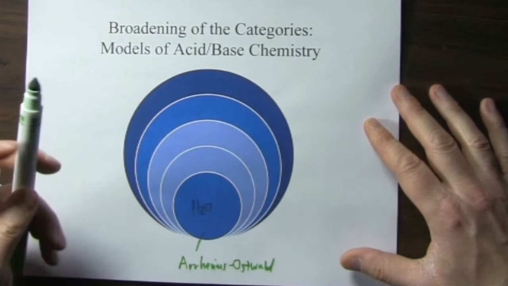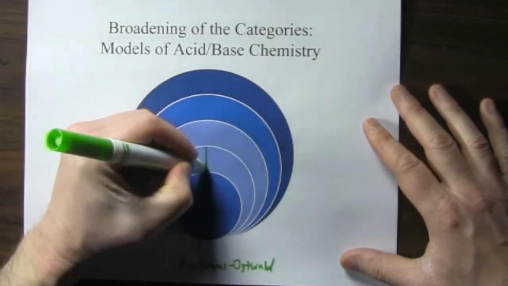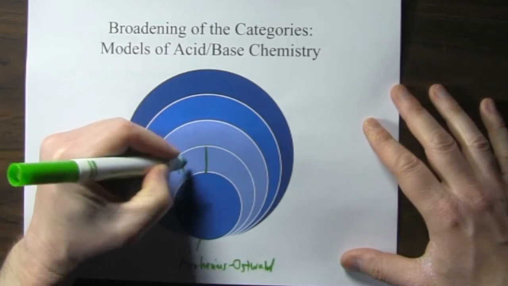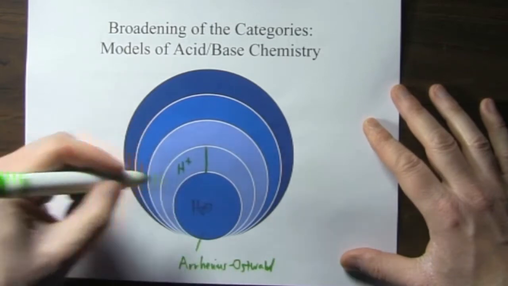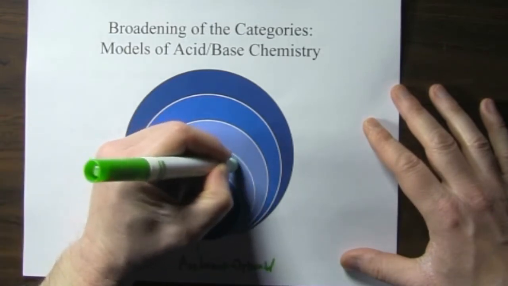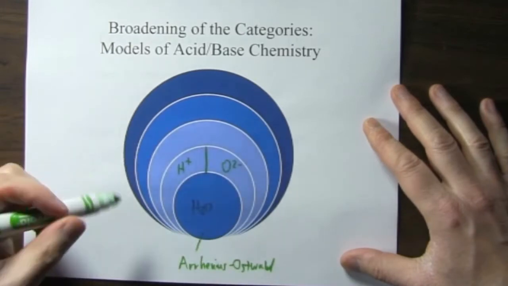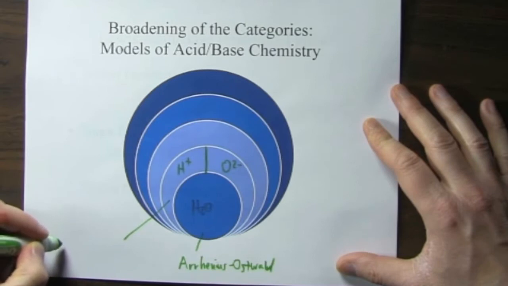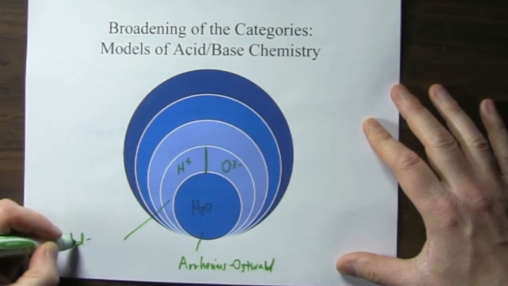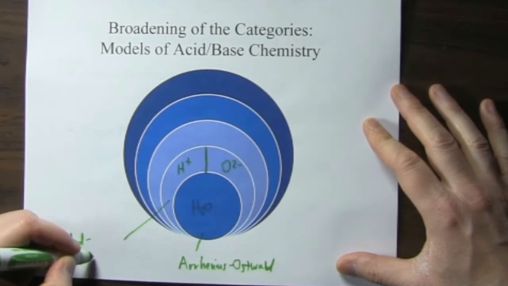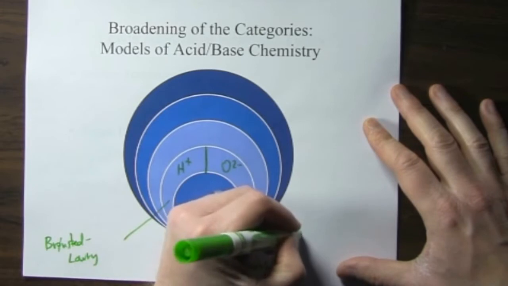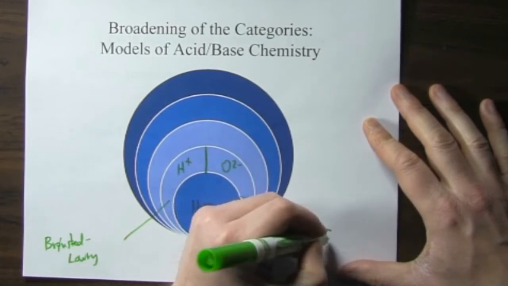And then if we divide up that water, we can define an acid and base in terms of what it does with a proton, or in terms of what it does with an oxide. So the proton definition is the Bronsted-Lowry that we're most familiar with from general chemistry. And then the oxide definition is the one we just talked about, the Lux-Flood concept.